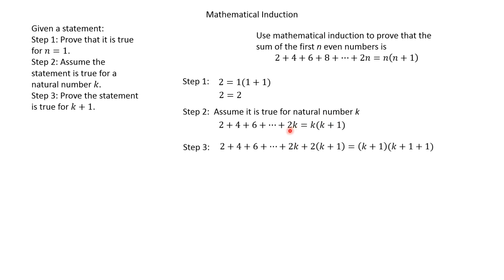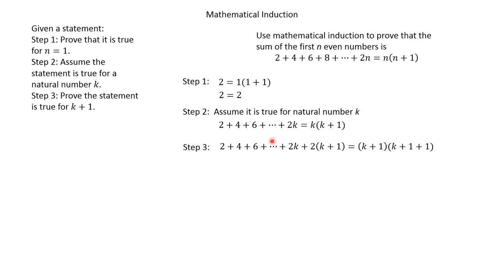So we're going to go, instead of 2k, we're going to go 2 times k plus 1. And then the n's become k plus 1's and k plus 1. So k plus 1 plus 1, that's just k plus 2.